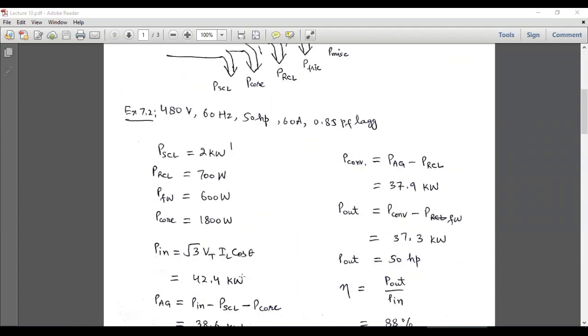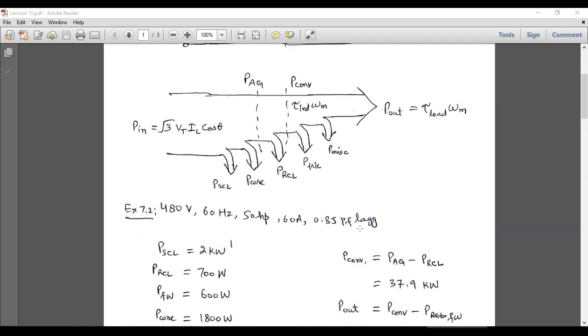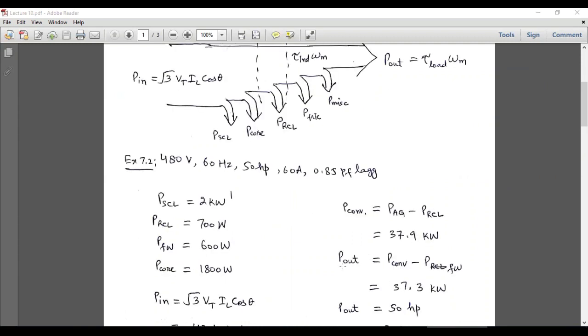So after subtracting rotor copper loss from the air gap power, we can obtain P converted. So this is P converted and it is equal to 37.9 kilowatts, and P out is equal to P converted minus P friction and windage loss.